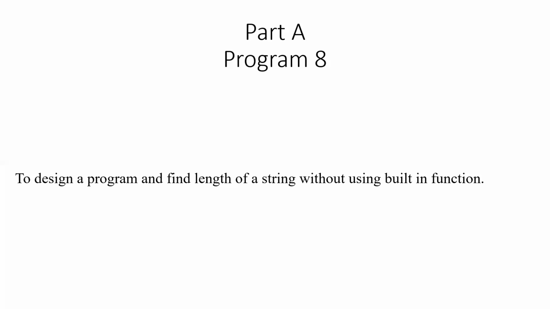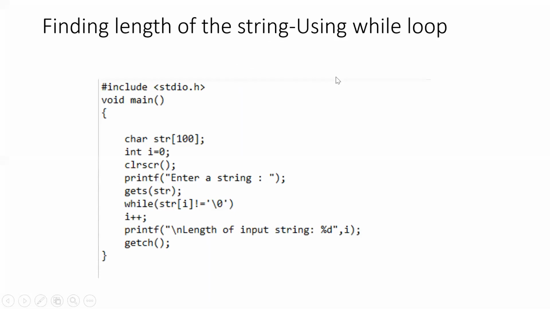So write part A, program number 8, to design a program to find the length of the string without using a built-in function. I should check the program number for BSc students, but still you write it. I'll tell you the program number. Maybe it is 9. So to find the length of the string using while loop, as I told before, you can write the program either using the while loop or using the for loop.